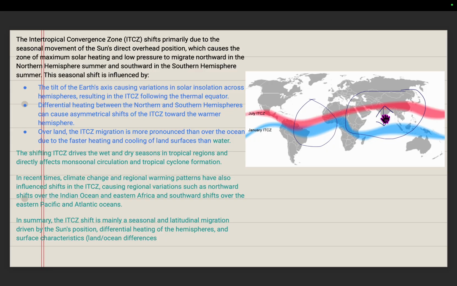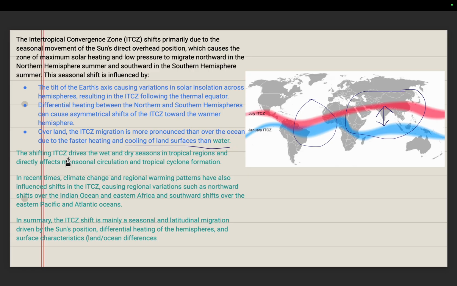You can figure out why this shift varies. Differential heating between the northern and southern hemispheres can cause asymmetrical shifts in the ITCZ towards the warmer hemisphere. Over land, ITCZ migration is more pronounced than over the ocean due to the faster heating and cooling of land surfaces than water.